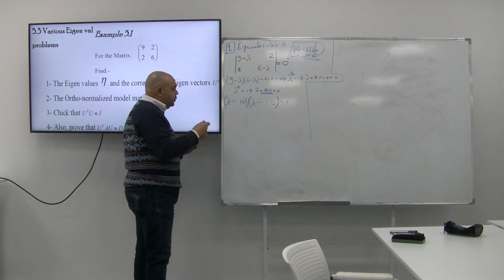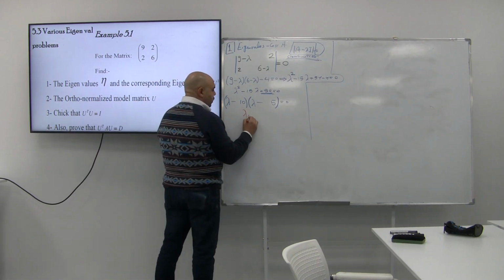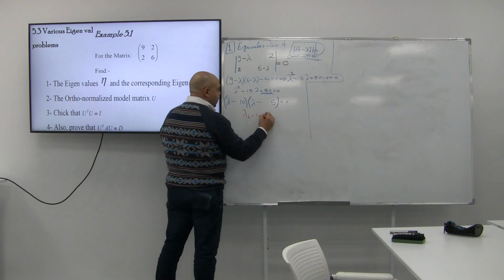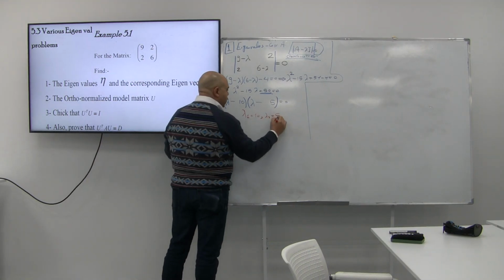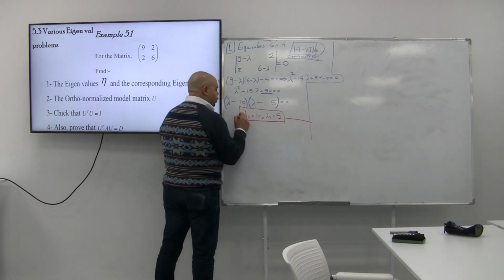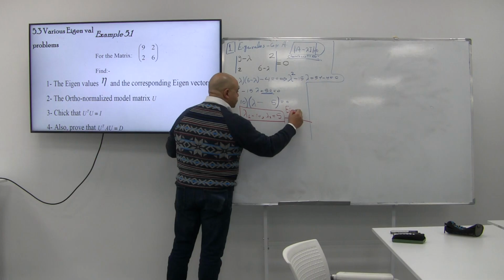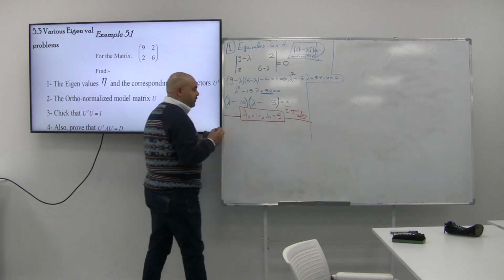And this is going to lead to lambda 1 equal to positive 10 and lambda 2 equal to 5. These are the two values which stand for the eigenvalues we need to evaluate.